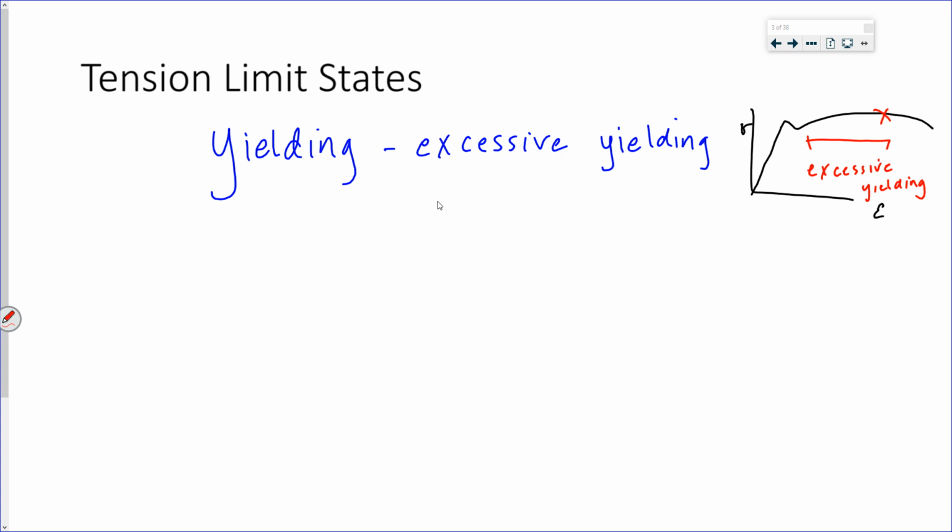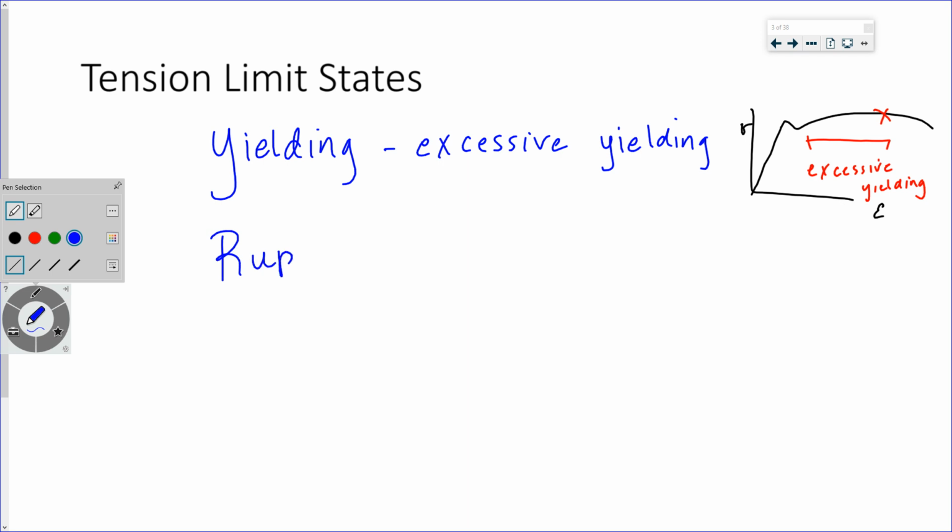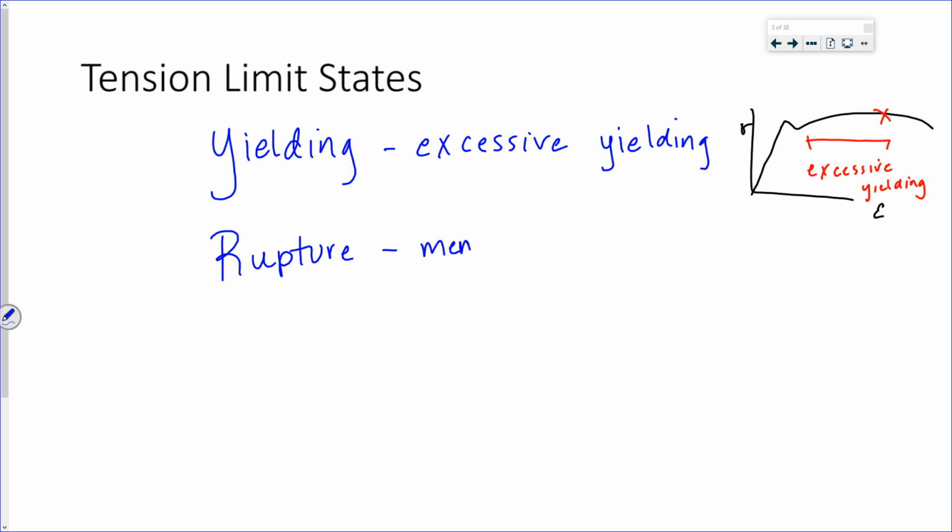So we have excessive yielding and we have rupture. That is when the member fractures or breaks. There actually is a third one. I'll write it here.